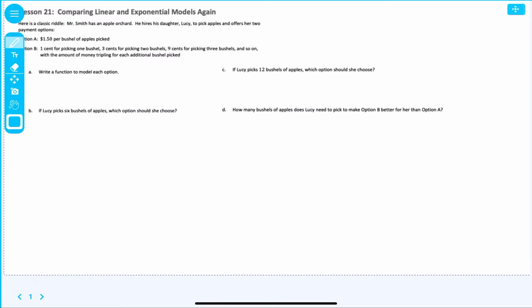So we're going to say A. What would be the model for that function? How would we write that?